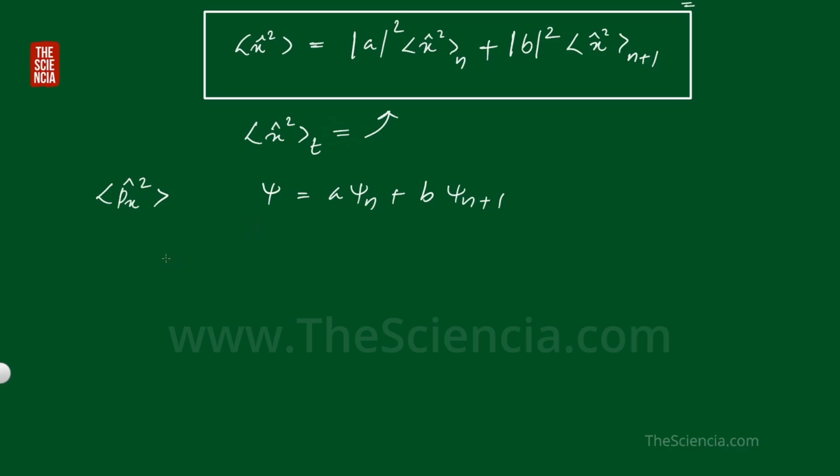So finally you will get this value: p x cap square is equal to mod a square times the expectation value of p x square in the state n, plus mod b square times the expectation value of p x cap square in the state n plus 1.